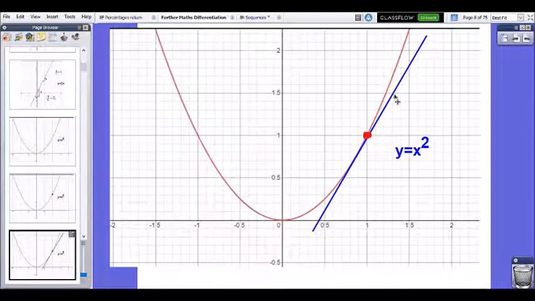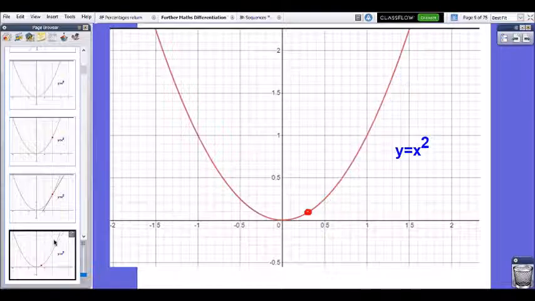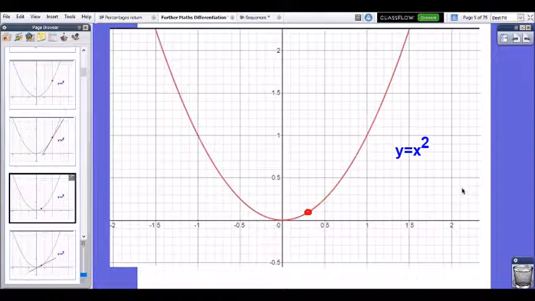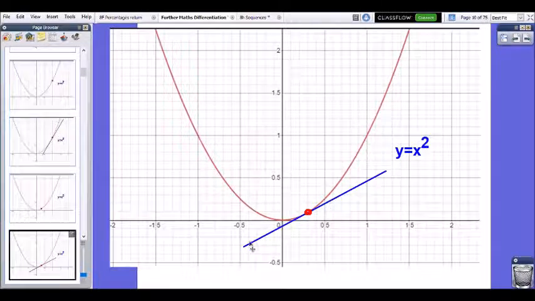If I were to draw some kind of right angled triangle, we would say that the gradient is around 2, isn't it? Okay. If I chose another point, say here, would you agree that the steepness at this point, it's not as steep, so the gradient would be smaller at this point than the point before? Because if I were to draw a tangent, we can see that that tangent is not as steep.